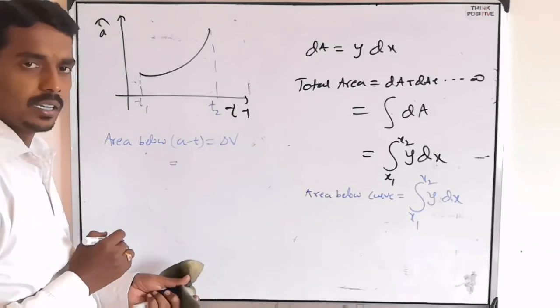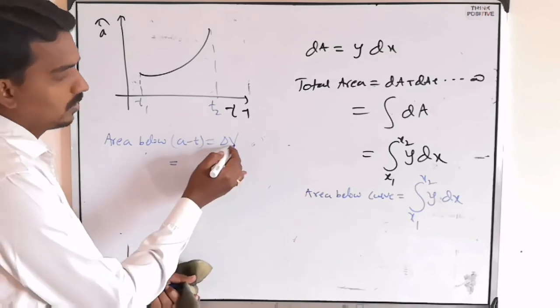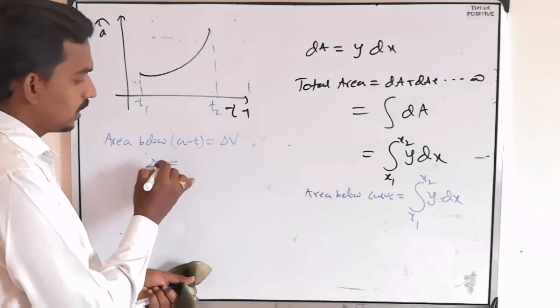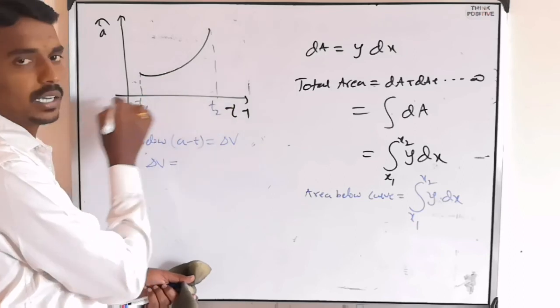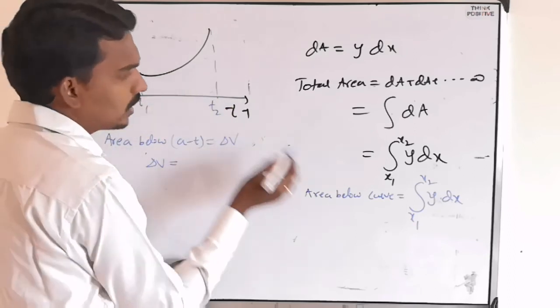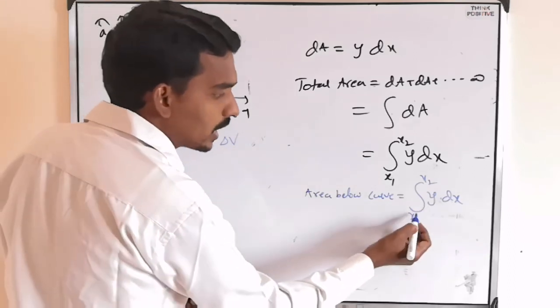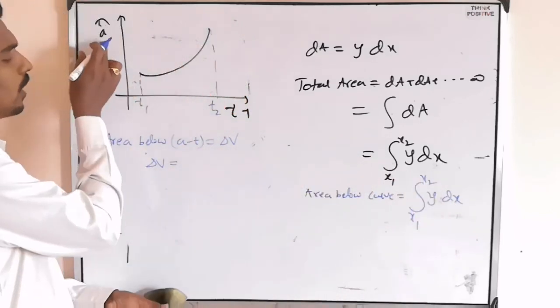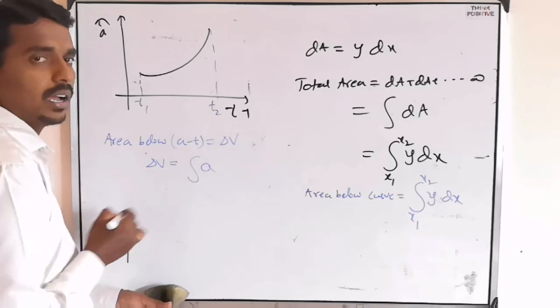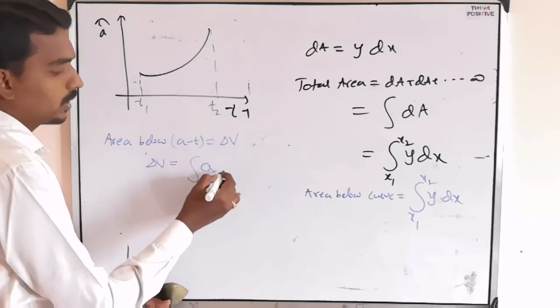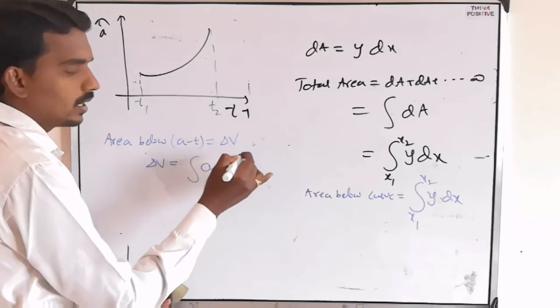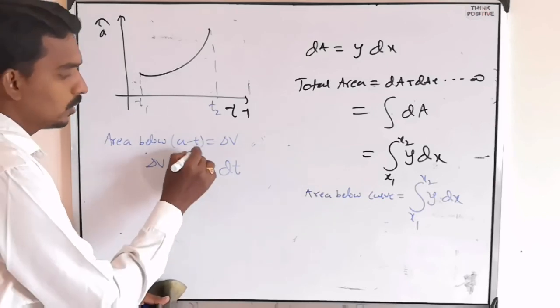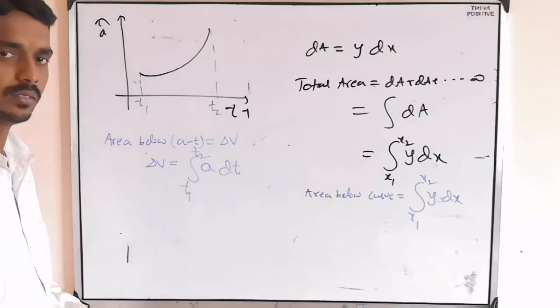But the area below the curved graph is nothing but what? Integration of the y quantity with respect to x. What is the y quantity here? Acceleration. Integration of acceleration with respect to the x quantity, which is time, from t1 to t2.